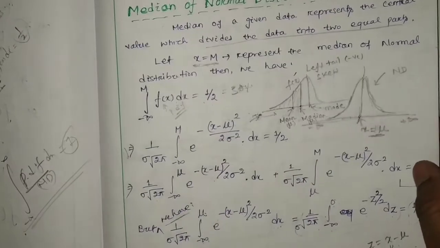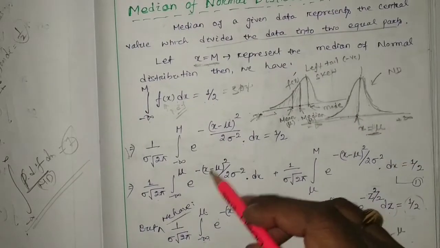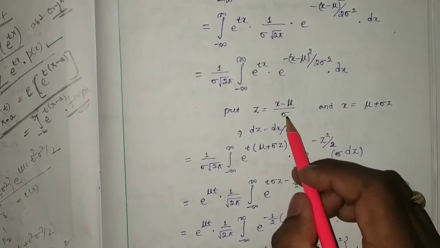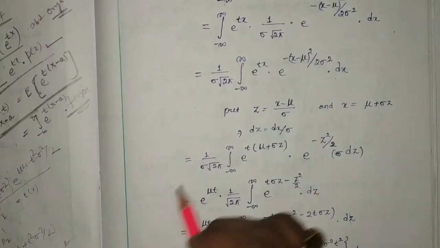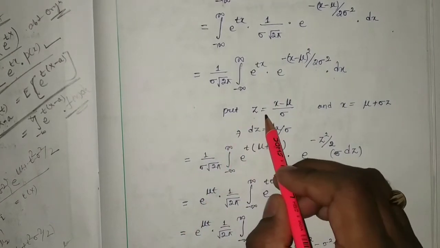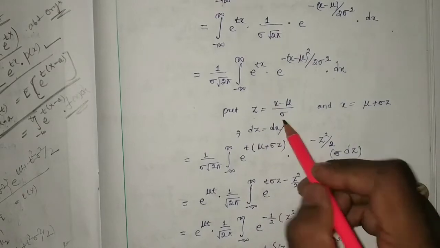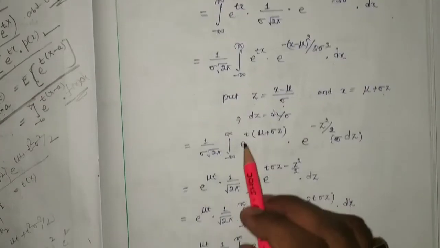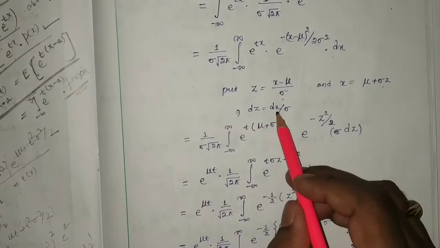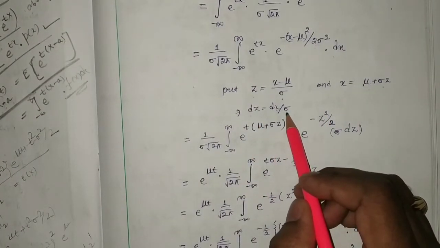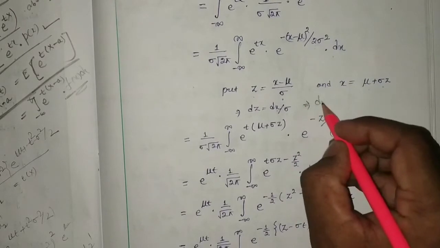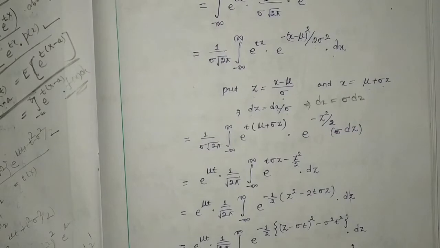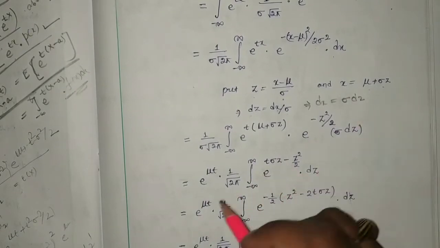We consider z equal to (x minus mu) by sigma, so x will be mu plus sigma z. That means dz will be dx by sigma, or dx will be equal to sigma into dz. So we have to put these values here.